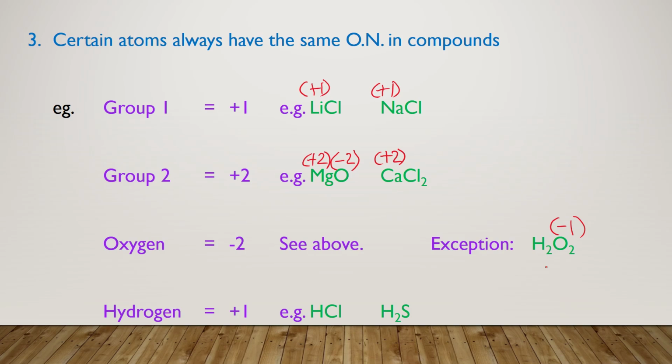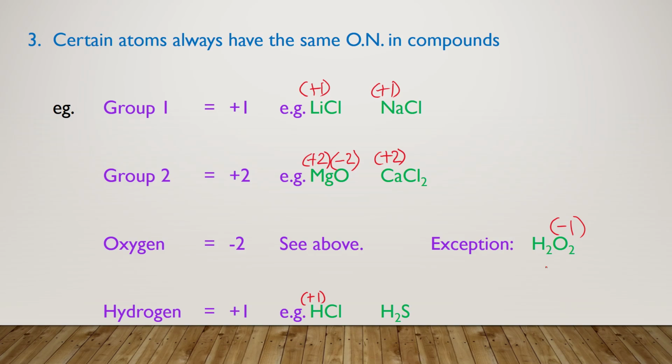Some other examples: hydrogen. In a very similar case, hydrogen likes to lose a single electron because it only has a single electron, and hasn't got a very strong control over that electron because of its low electronegativity. So it likes to lose that electron to other atoms.